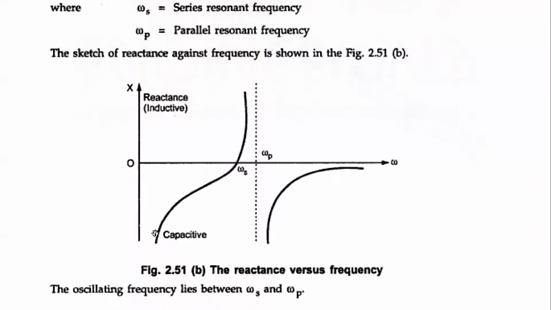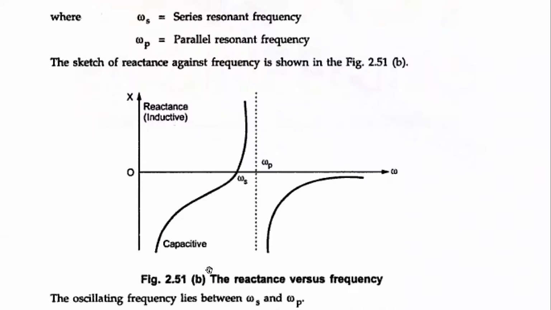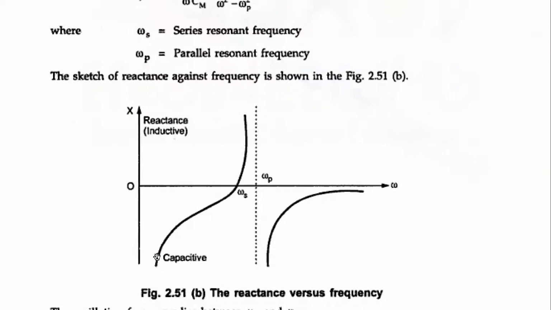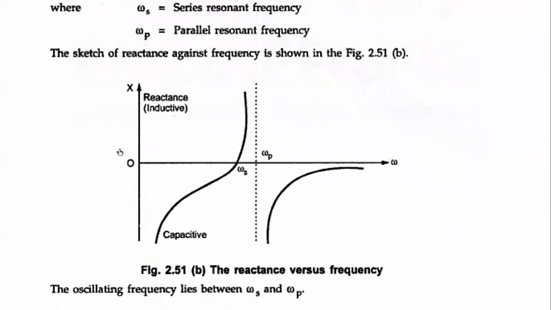Anyway, as per what we discussed, for omega very small, the x will be minus infinity. The x is whatever we have other than the j term. So the impedance will start from minus infinity.